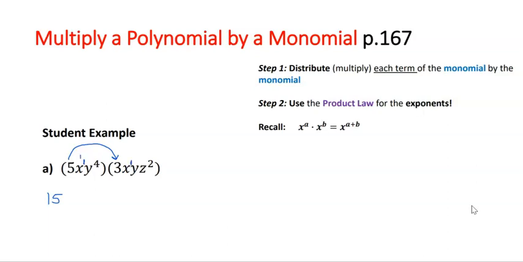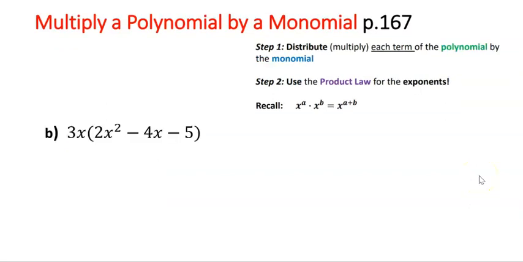So we are going to go ahead and combine our x's. x to the 1 plus 1 is x squared. y to the 4 plus 1 is y to the power of 5, and we don't have anything for z, so we bring z squared down. So our result is 15x squared y to the power of 5 z squared.